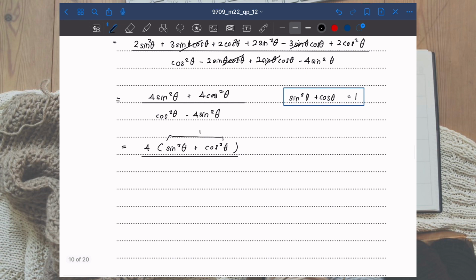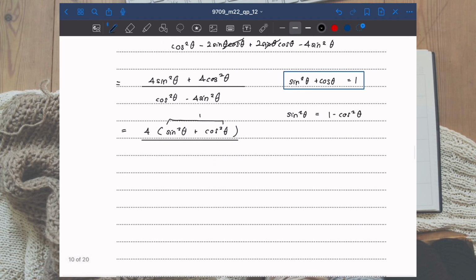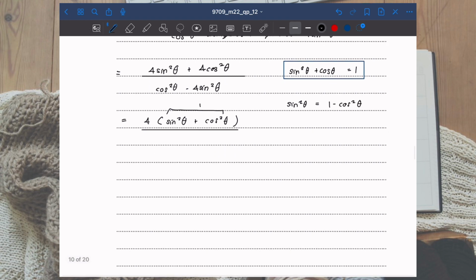And we can use another trigonometry identity, which is sin² θ is equal to 1 minus cos² θ. So we can substitute the sin² θ with 1 minus cos² θ.